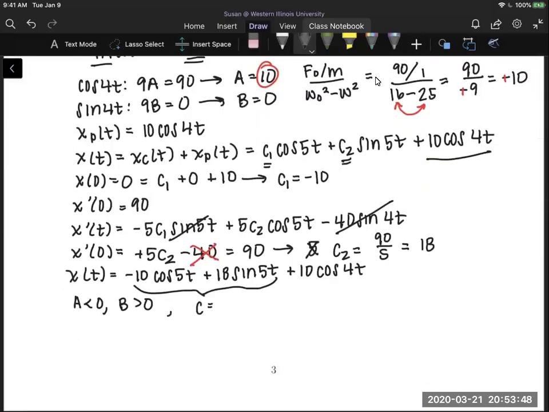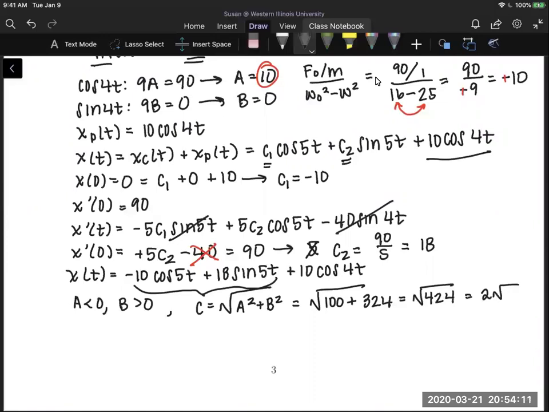First of all, C is always the square root of a squared plus b squared. So that's going to be the square root of 10 squared, which is 100, plus 18 squared, which is 324. So we get the square root of 424. That can simplify. You can factor a 4 out of there.